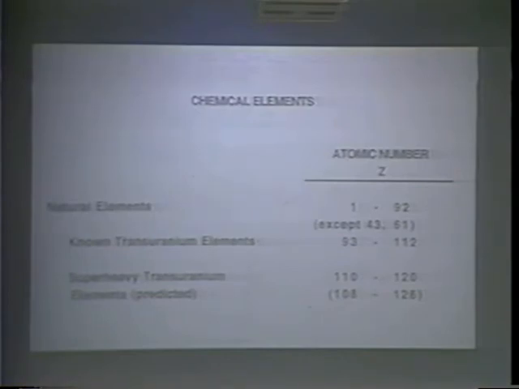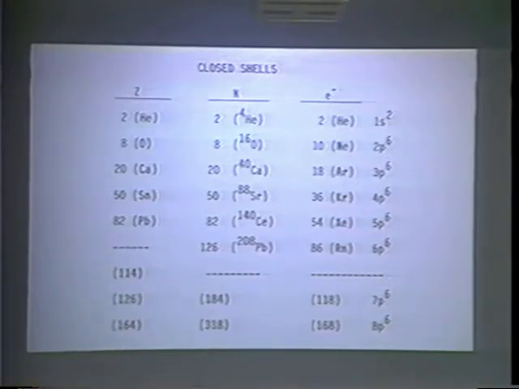There's also the hope that we could find still higher elements, because there's the thought that there might be some closed shells of increased stability up around element 114, just like there are closed shells for the noble gases that lead to increased stability. There are closed shells of protons and neutrons, and there's a prediction that there should be a closed shell around 114 protons.